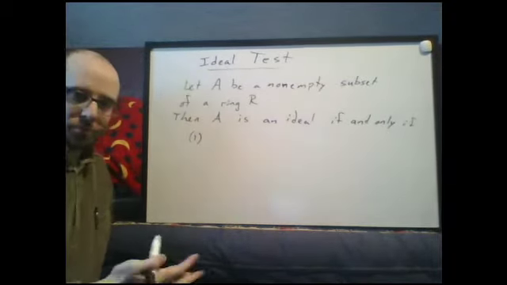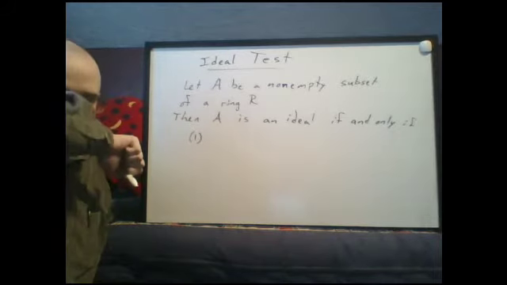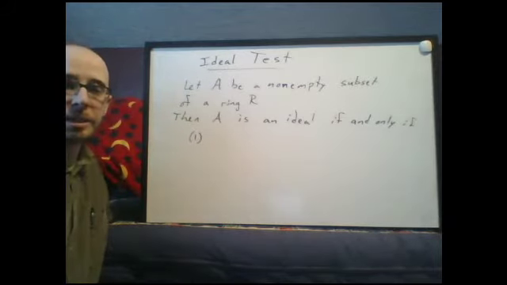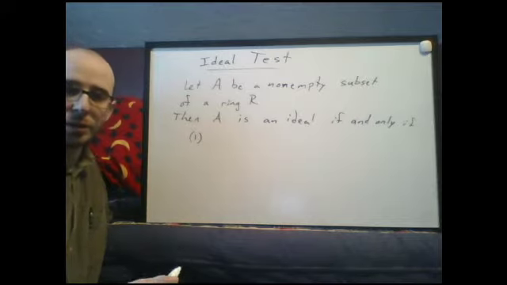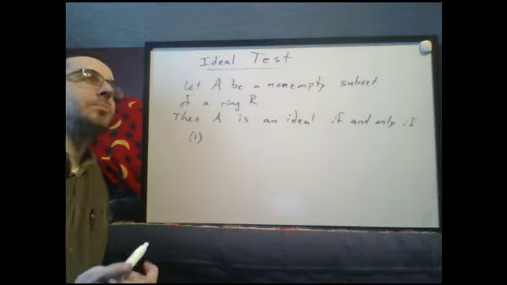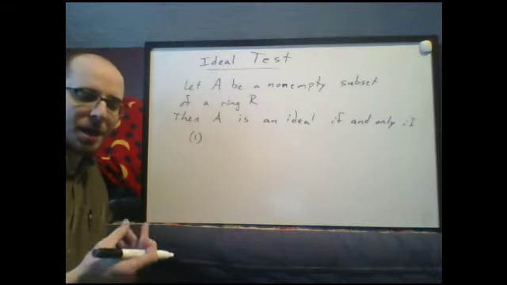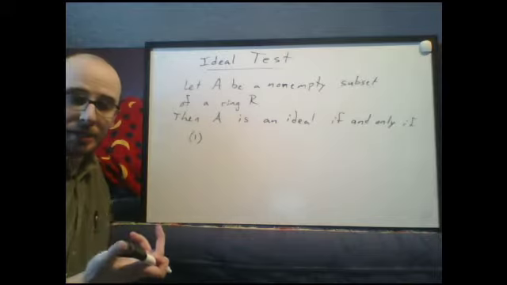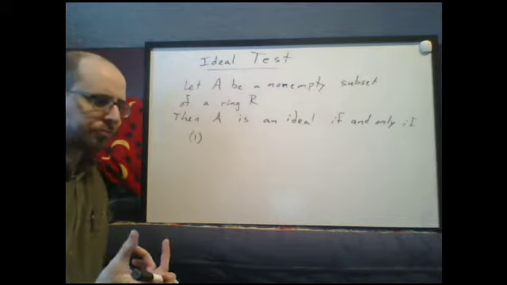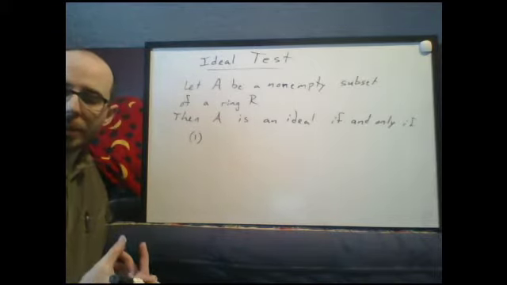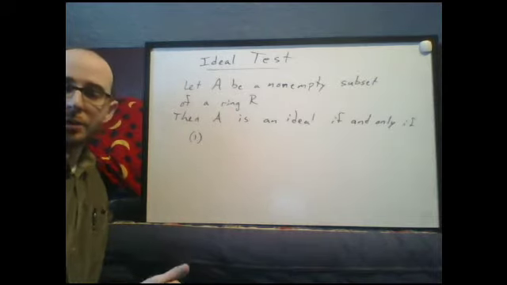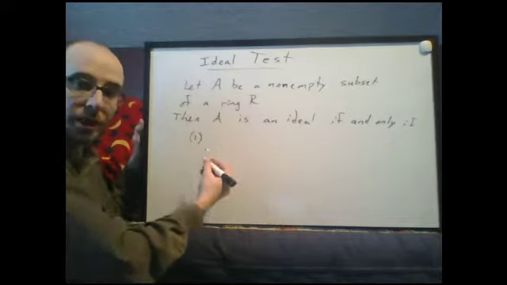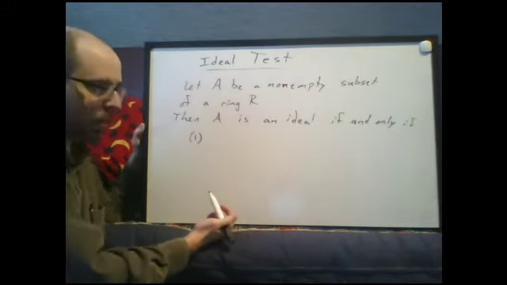Going back to the definition, an ideal has to be a subring. To check something's a subring, the faster way, which I believe we covered, was to check that it's closed under subtraction and closed under multiplication. So it has to satisfy both of those things.